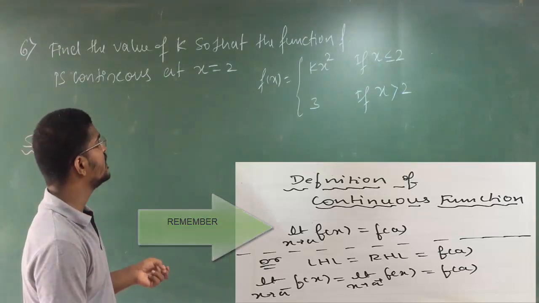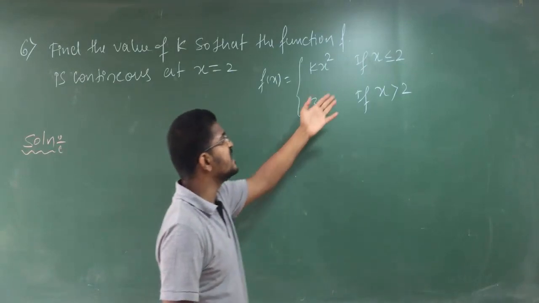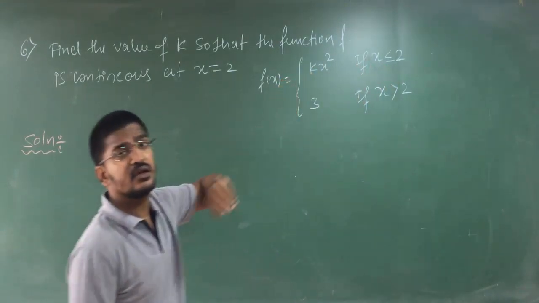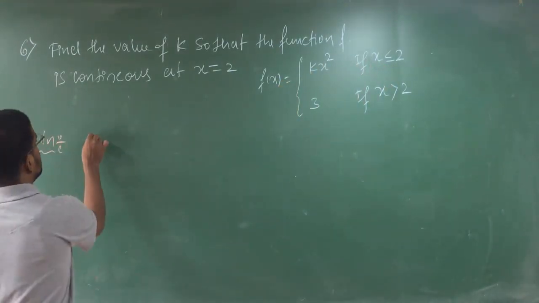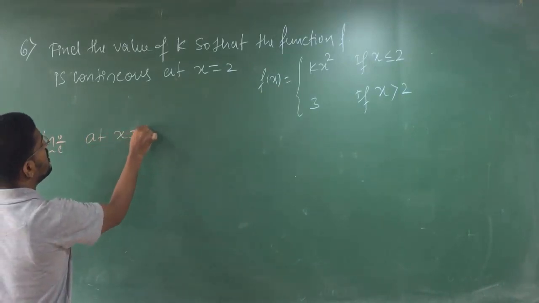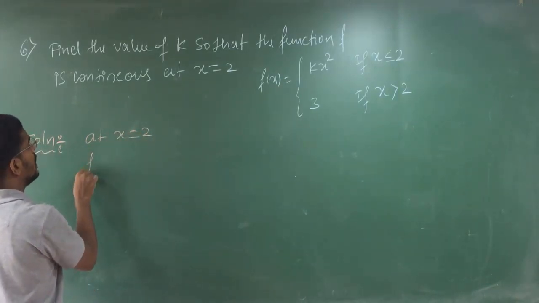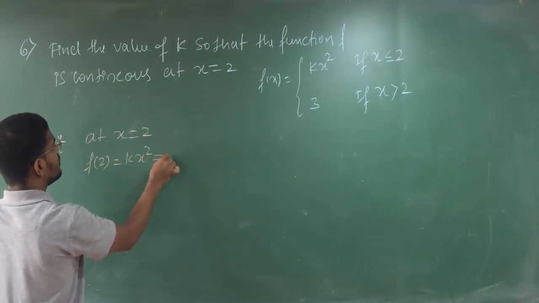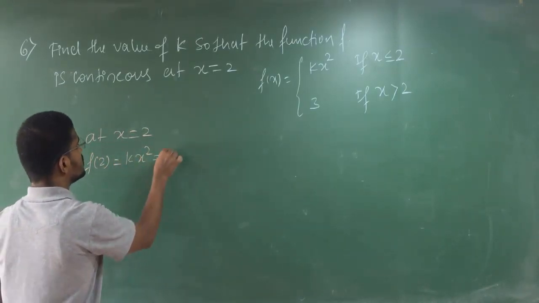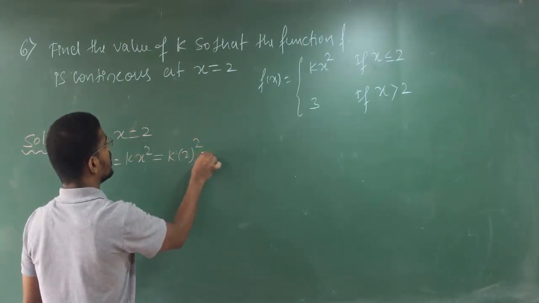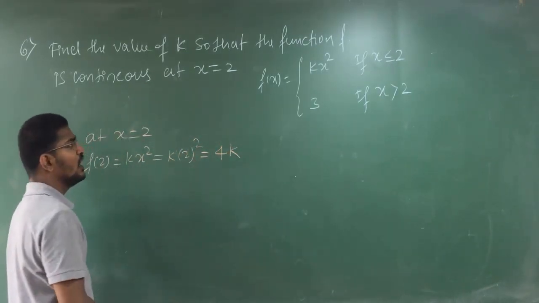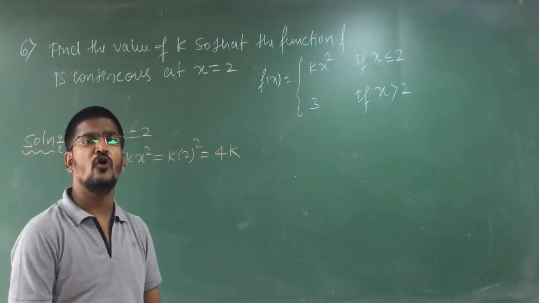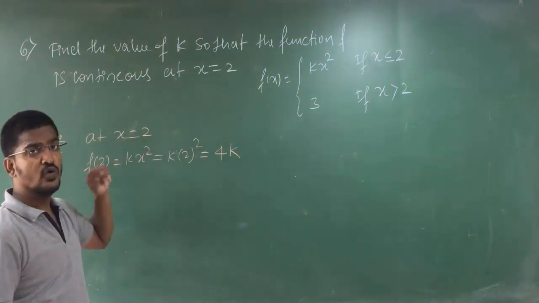Here, at x equal to 2 your function is kx square. That means f of 2 will be k into 2 square, which is 4k. Your value will be 4k at x equal to 2.